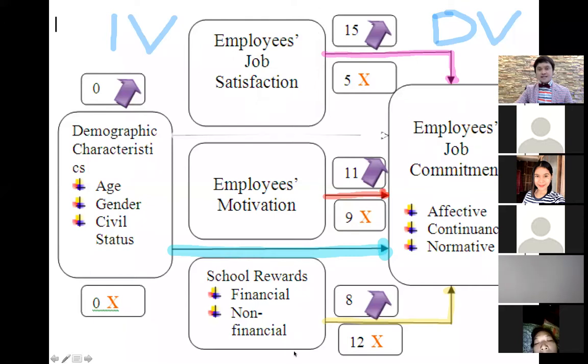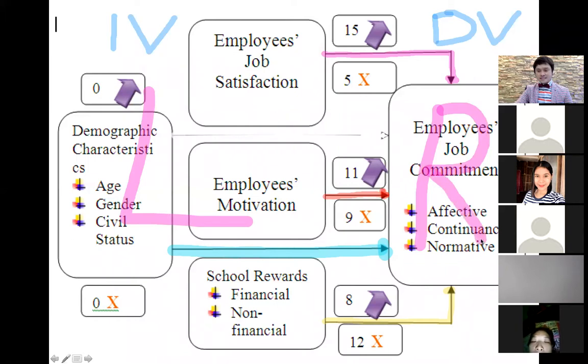Kanina pinakita ko na yung left side ng screen. Mag-annotate ulit ako. Ito yon. Ito yung left side ng screen. Left. And then, yung dependent variable, this is found on the right side of your screen. Clear?